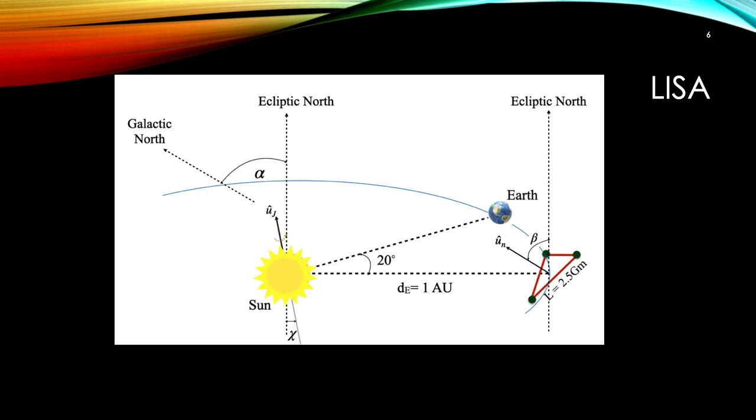LISA moves along the orbit of the Earth around the Sun and follows the Earth at a distance of some 20 degrees. While moving around, of course, the angles change. There is an oscillation of the plane with respect to the direction of the galactic north. This means that the expected signal, the expected time asymmetry, is modulated yearly.